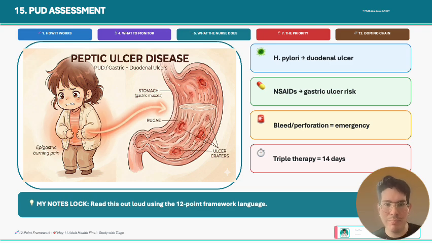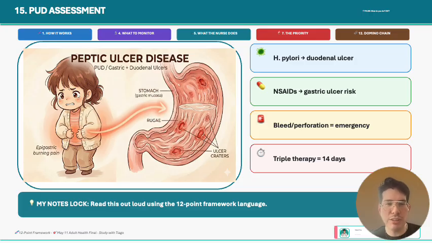These findings matter because ulcers can bleed. The complication chain is the point. So the ulcer deepens, blood vessels erode, bleeding occurs. If the ulcer perforates, contents can leak into the peritoneal cavity, causing peritonitis and sepsis.